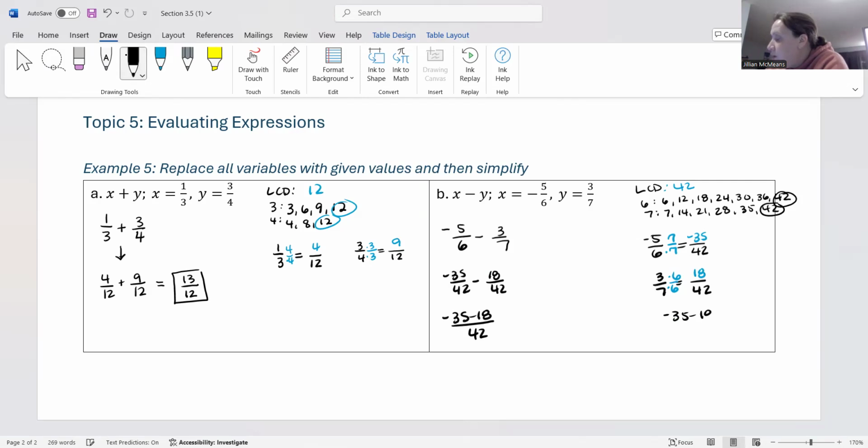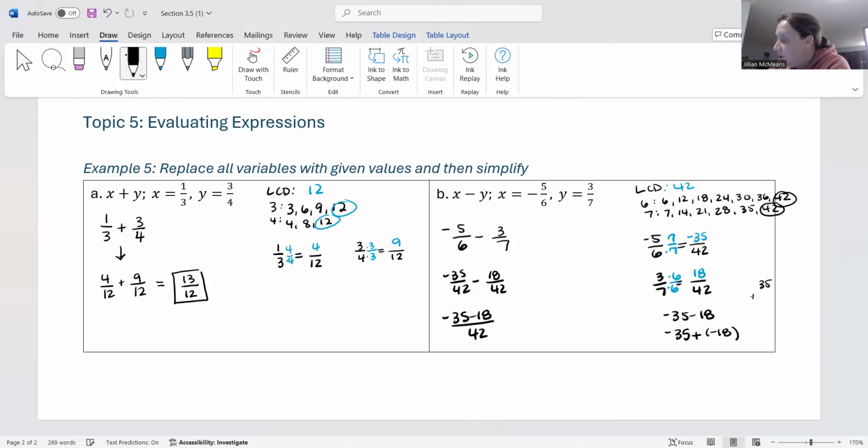So we know from our work with integers that we can rewrite this as an addition problem. First integer stays the same. And then instead of subtracting positive 18, I want to do the opposite of both. The opposite of subtraction is addition. The opposite of positive 18 is negative 18. So we're adding two numbers that have the same sign, which tells me to just add. So again, if you need to do side work, do side work.